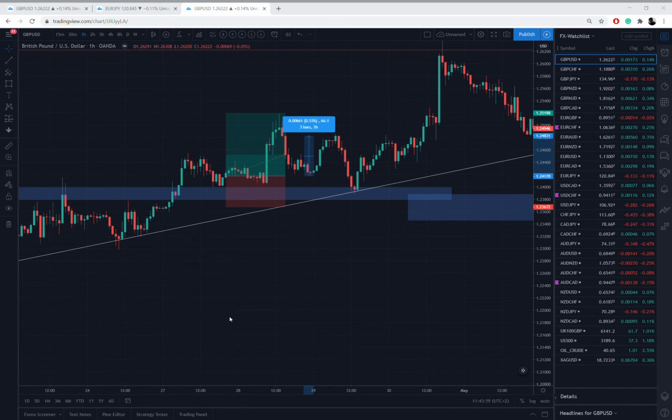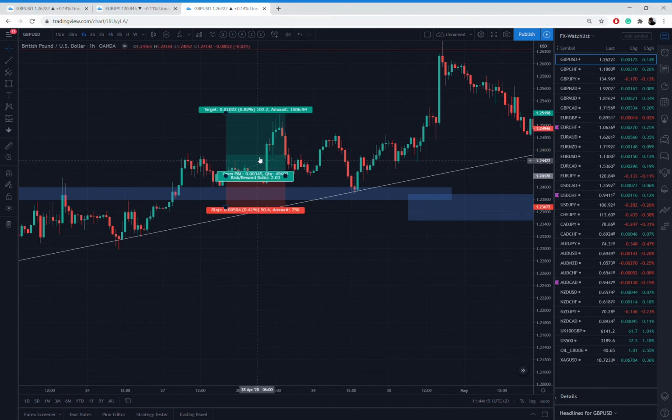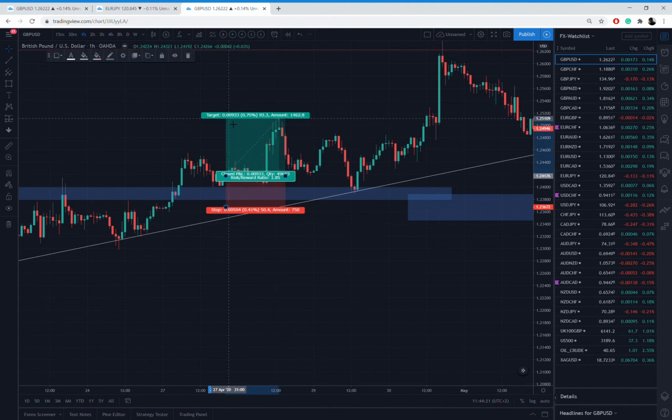It's actually really simple. Yeah, it will be more than $1,000 that we'll be able to get here, which is quite good. It's at least a 1-to-1 risk to reward ratio that you would have caught here, which is actually really good.